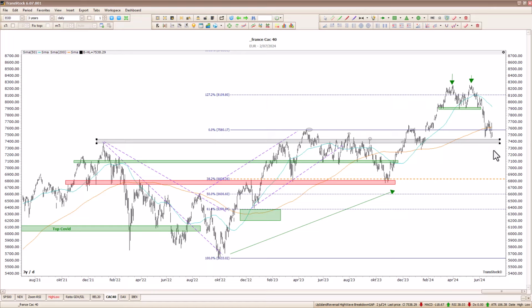Below that level, I don't like it, and therefore I will extend this support zone around 7,100. Of course, if we fail and we fall below the 6,800 level, that's really a no-go.